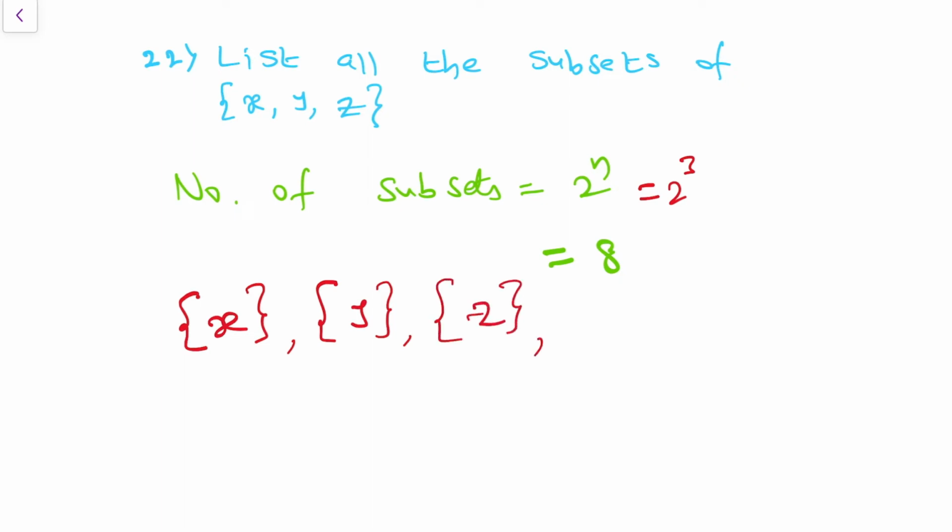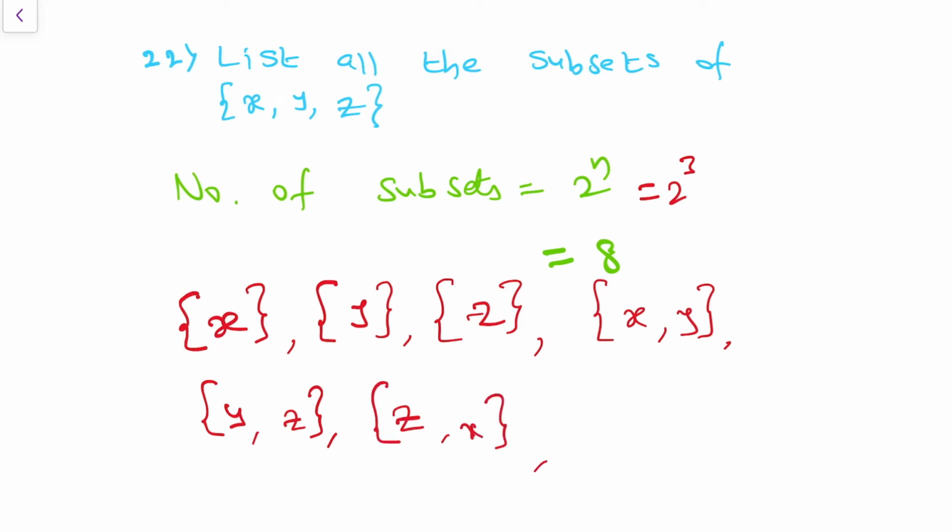Now two elements together: xy together, comma, yz together, comma, zx together. So two elements also completed. Now all 3 elements together, that is the set itself, {x, y, z}. Now everything is completed. After finishing writing like this, add one more set, that is the empty set. So these are the subsets of the given set.